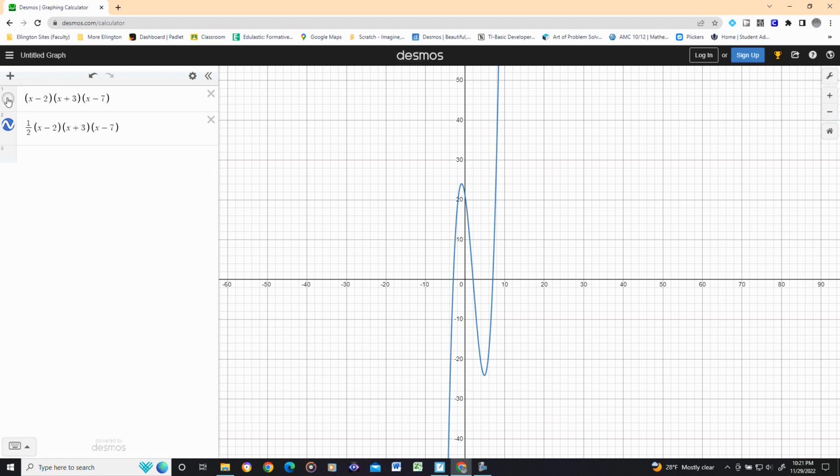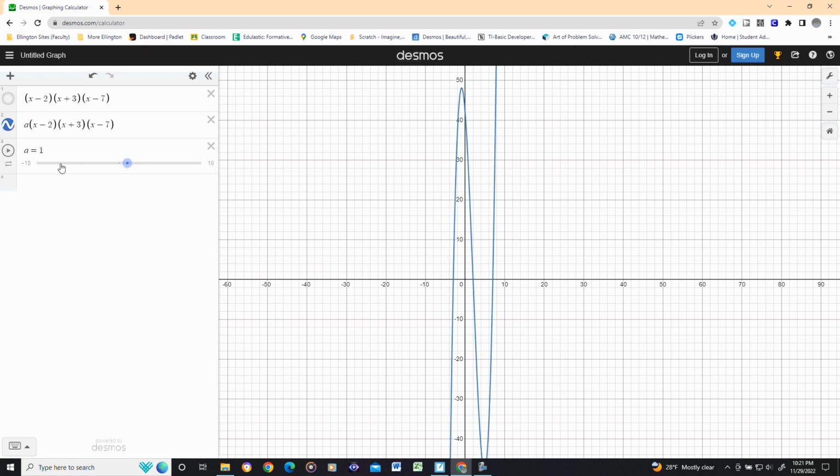If I were to change this, one thing that I love doing on Desmos is changing that to an a, and I've got a little slider, and you can change a and see what the effect of a is.